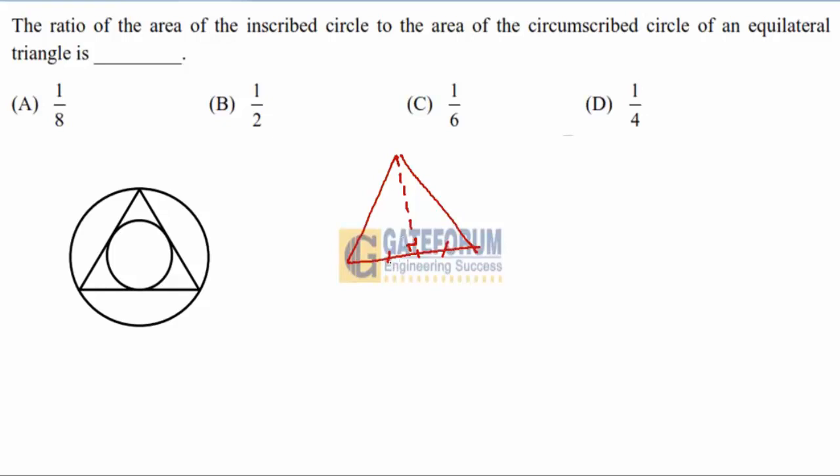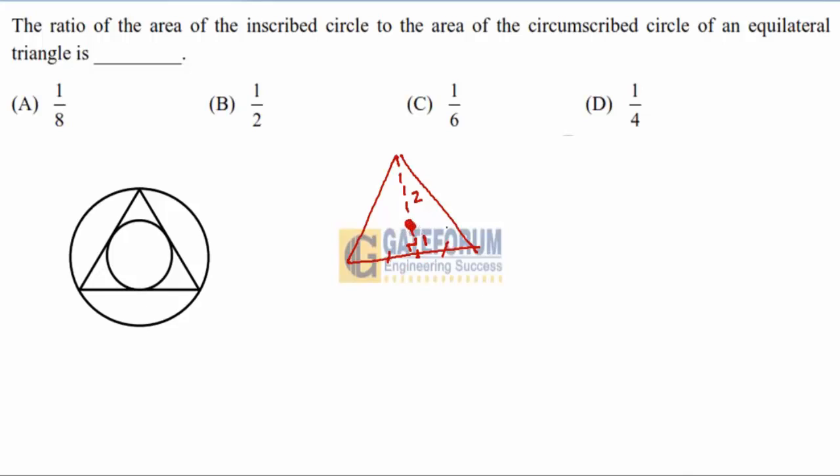Median means which bisects the opposite side, which connects it to the midpoint, and hence because this is the median, it is divided into the ratio of 2:1 by this point, which is known as the centroid or the center of gravity. Okay, so 2:1 is the ratio.